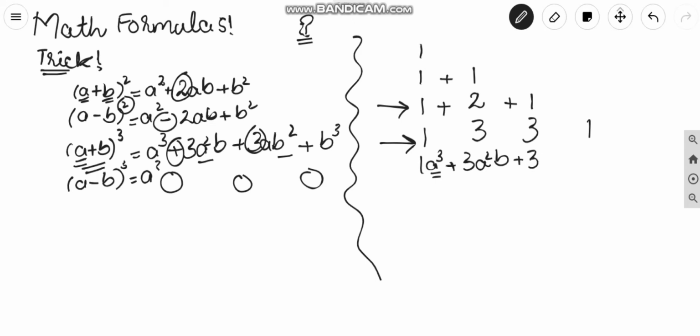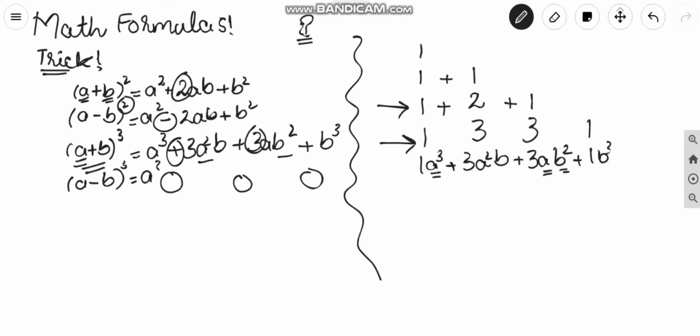Now write again plus, write the coefficient 3, reduce one more power of the first variable and increase one more power of the second variable. Again write plus, write the coefficient 1, reduce one more power of the first variable and increase one more power of the second variable. This is how you can expand (a + b) whole cube.